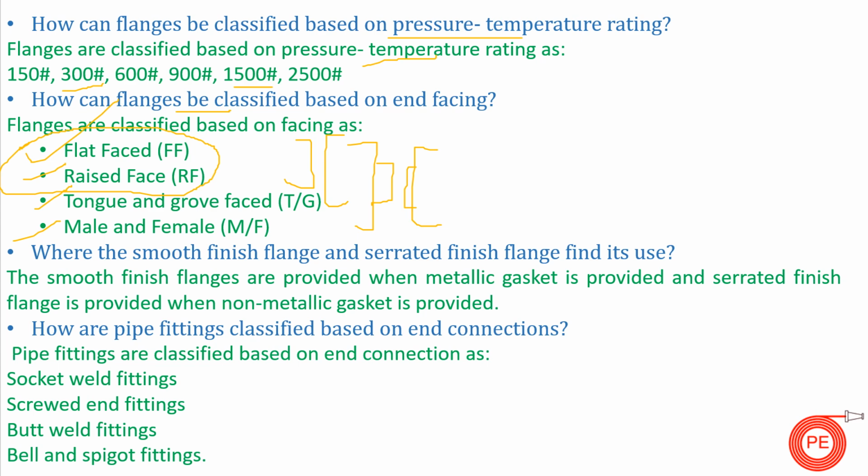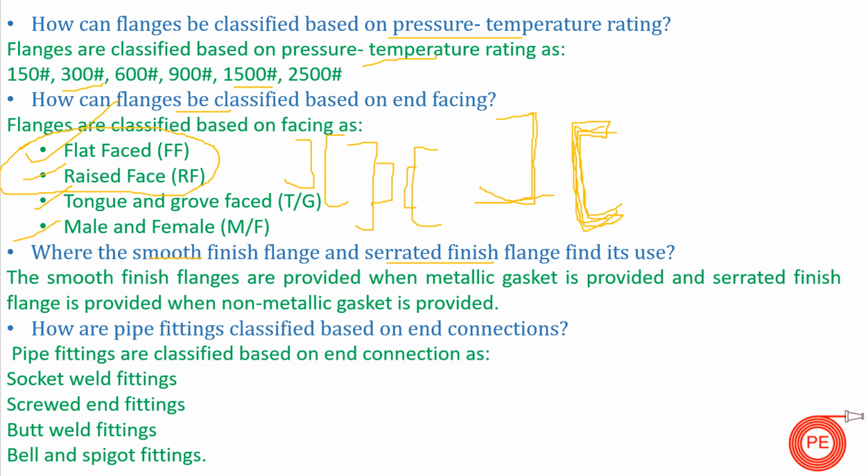The next question is, guys, where are smooth finish flanges and serrated finish flanges used? As we discussed the flange faces, these faces can also be smooth or serrated. Smooth means there will be no machining or meshing shown, and serrated means there will be some serrations on the end of the flanges.